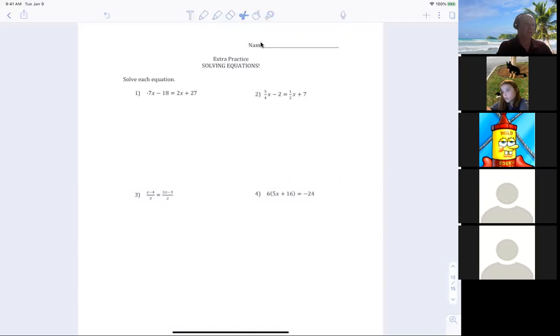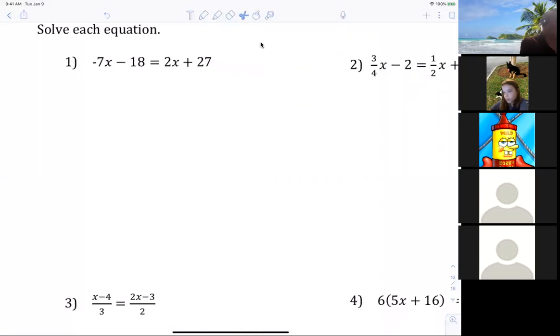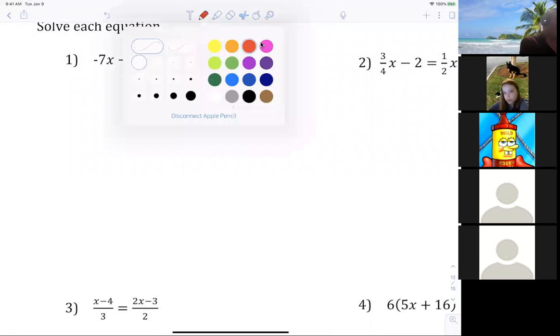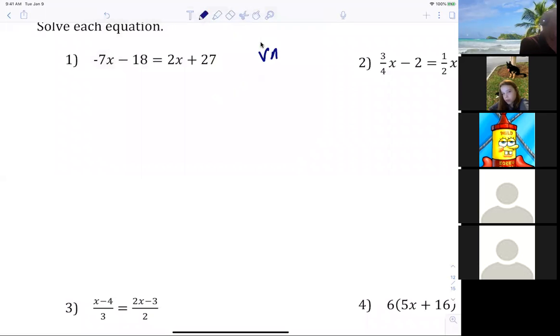All right, so here we go. Everybody look at number 1. Let's get to work. We're trying to make sure you're always moving the variables to the left and the numbers to the right. Please speak up. This is what I'm expecting: minus 2x, minus 2x, plus 18, plus 18. Anybody have any issues?